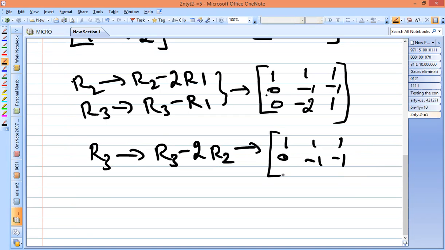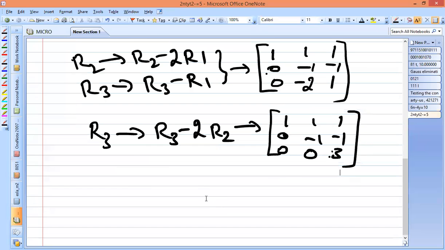So avoid that. If we do R3 minus 2 R2, what do we get? 0, minus 2 minus of minus is 0, 1 minus 2, 3, this is nothing but plus 3, right? Can we reduce it further? No, ma'am. The rank of matrix A is 3.